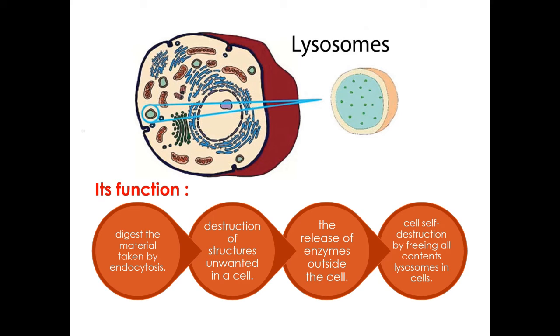The lysosomes have several functions, such as digesting the material taken in by endocytosis, playing a role in the destruction of unwanted structures in a cell, releasing enzymes outside the cell, and cell self-destruction by freeing all the contents of the lysosome in cells.